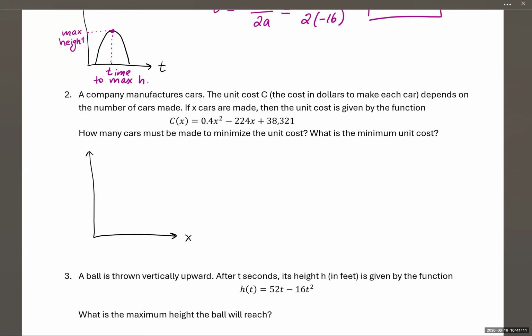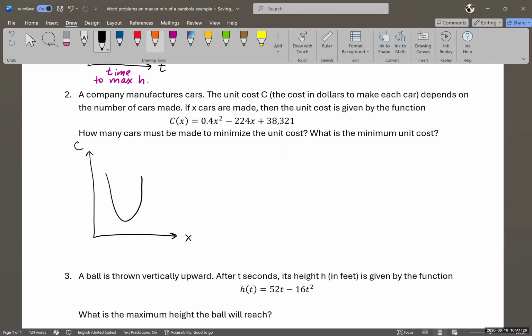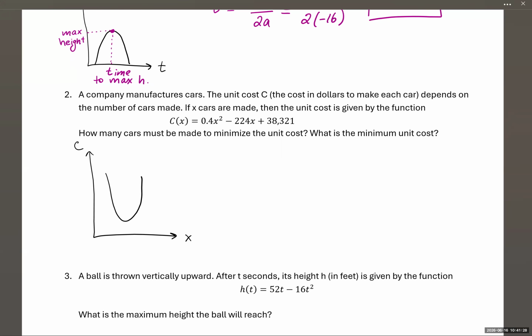So this is the x-axis. This is how many cars are made, and this is the cost to make them. Looking at the quadratic function, I can see that it opens up this time, so something like this. Now, breaking it down into parts, this is the vertex.